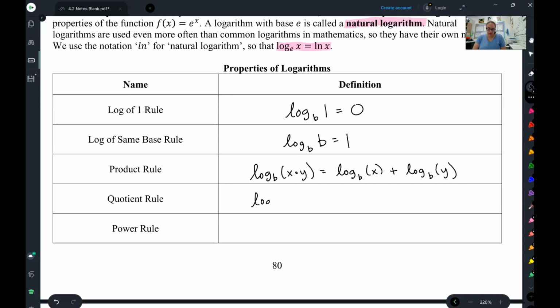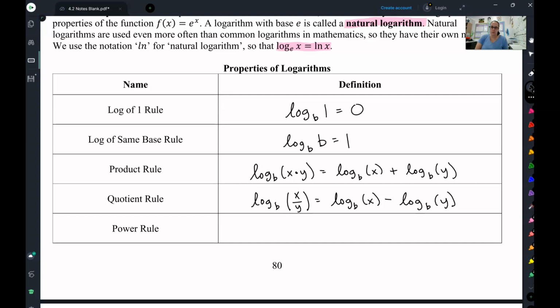Quotient rule is similar. If multiplying turns into adding, then it would make sense that dividing turns into subtracting. And our last rule is the power rule. The power rule is probably the weirdest one. It only works for logarithms.